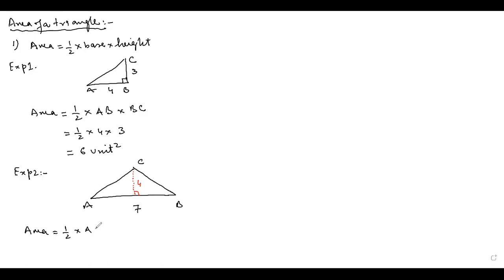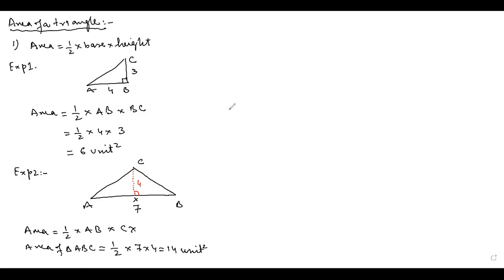We will let AB as the base and CX as the height. So the area of the triangle ABC is equal to half into 7 into 4 is equal to 14 units square.